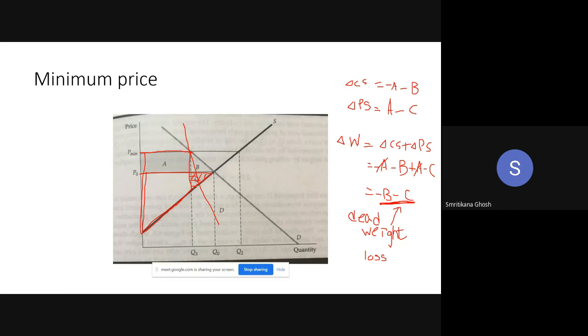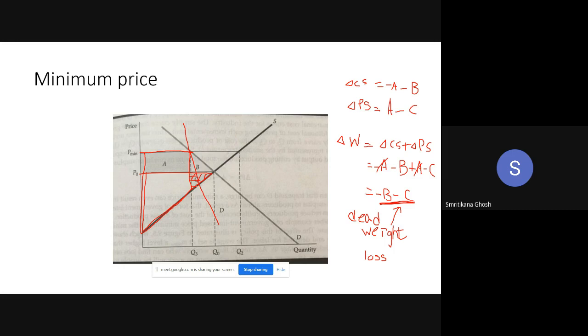So this is how you can give support to the producer. But the government knows that, okay, producer will get the loss. But here the loss is less than the gain. A is greater than C. So ultimately producer will gain. But from the society's point of view, it's a loss, but C is still there. So net welfare loss is there. A and B is the net deadweight loss.